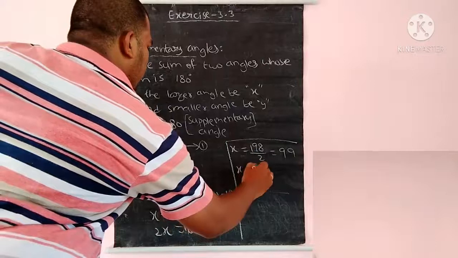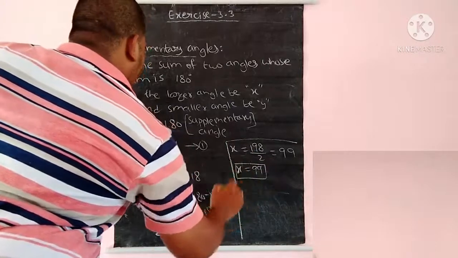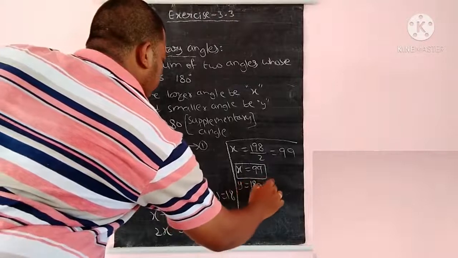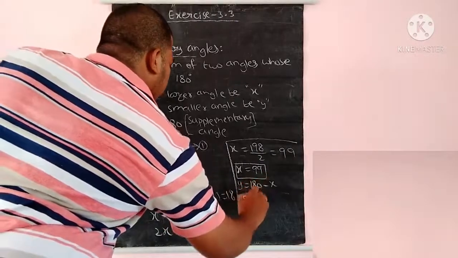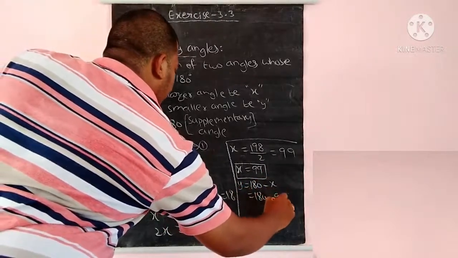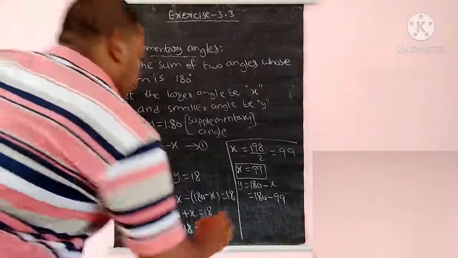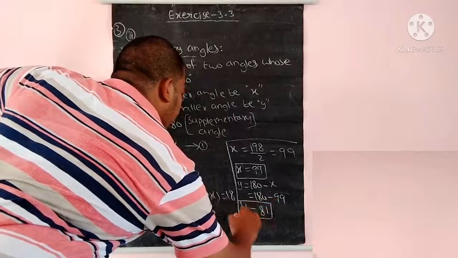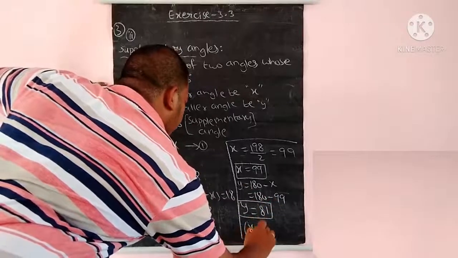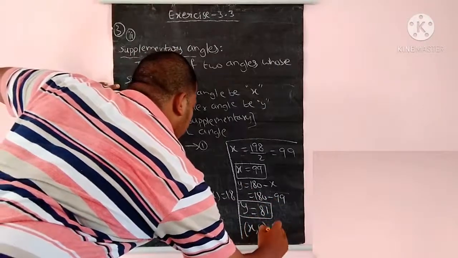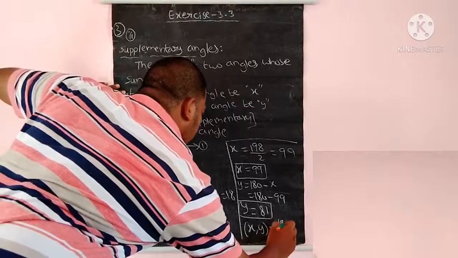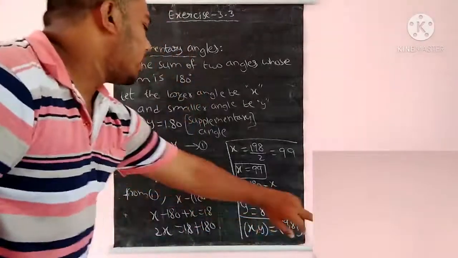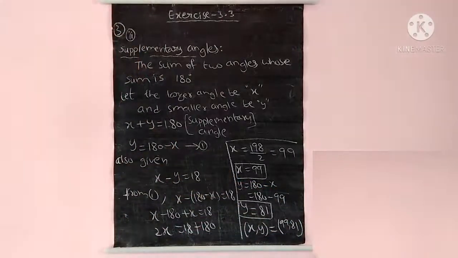So x equals 99. We know that y equals 180 minus x, so 180 minus 99. So y equals 81. Therefore x, y are 99, 81. The sum is 180, the difference is 18.